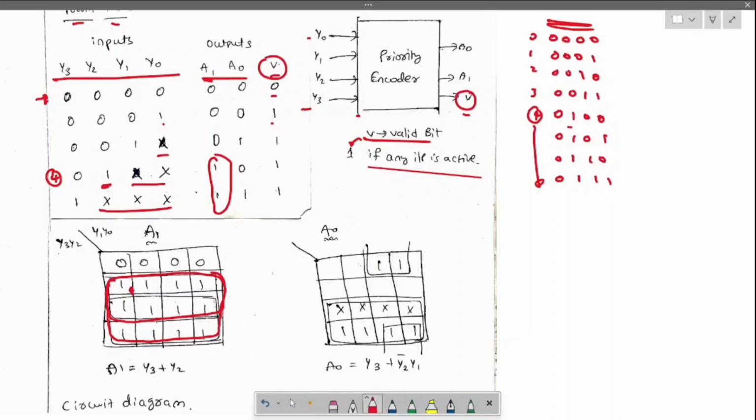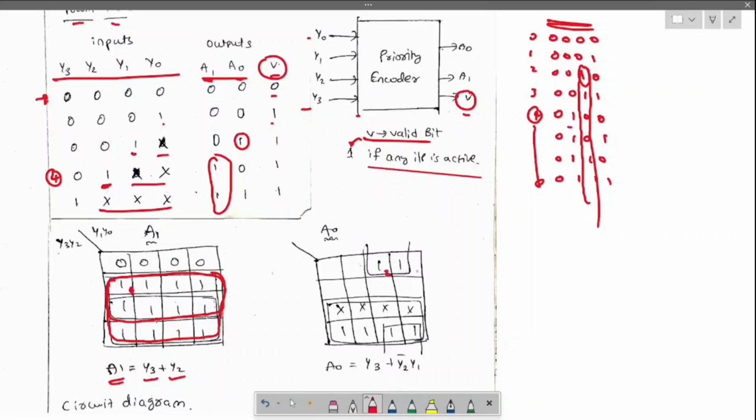We need to club in the 8 way of the K-map. When we do so, we will get a1 as y3 plus y2. In the same way, in case 1 and case 2 of the K-map simplification, a1 will be the same. Now where the change comes is for a0. a0 is active where the 1 is passing, right? It starts from 2, so from 2 onwards is the extension.